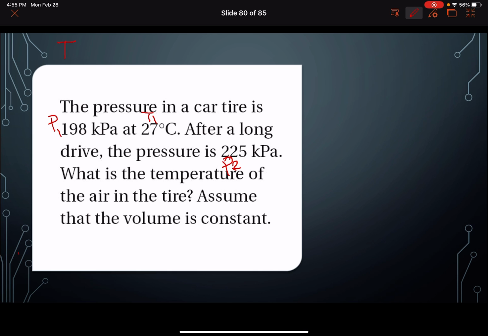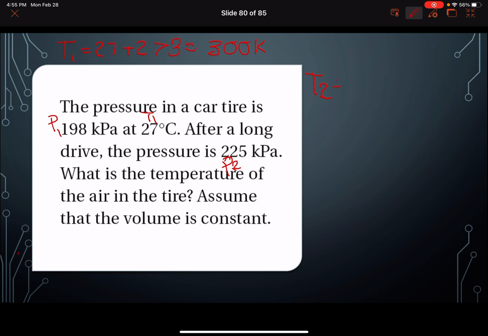Temperature 1 cannot stay in Celsius, it has to go to Kelvin. So 27 plus 273 equals 300 Kelvin.